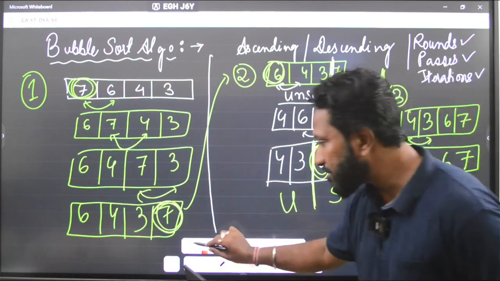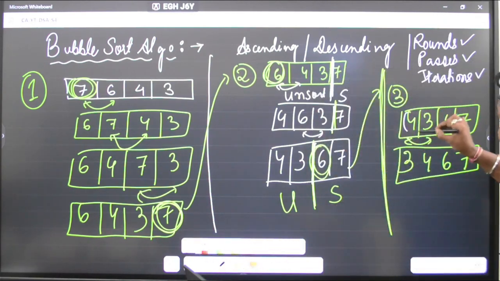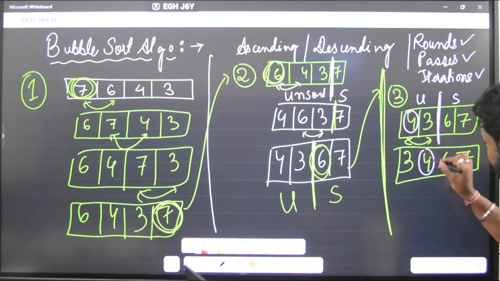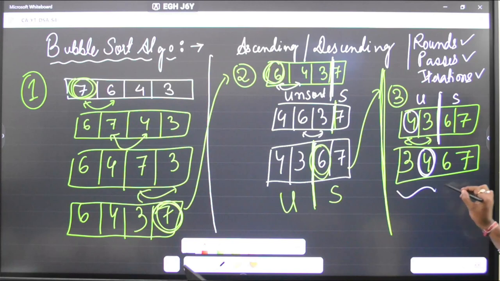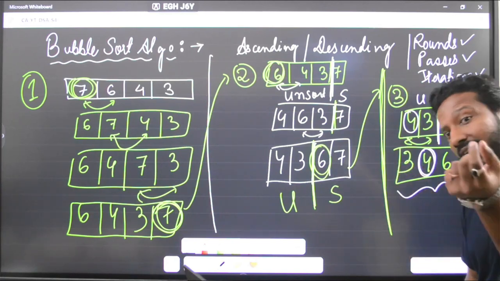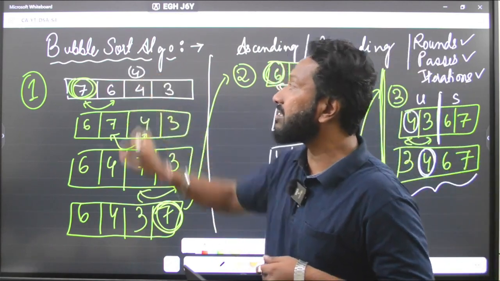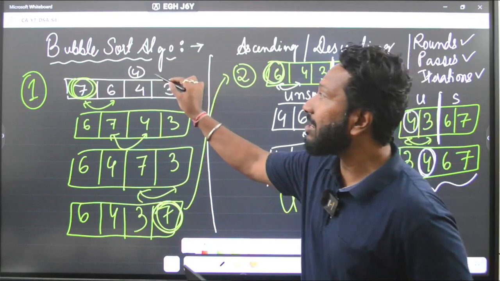And just observe, this was the sorted part, this was the unsorted part. Now, the largest element has reached its correct position and now the whole array is sorted. There is no need of any more swaps. So, how many elements did we have? We had 4 elements, correct? 4 elements.